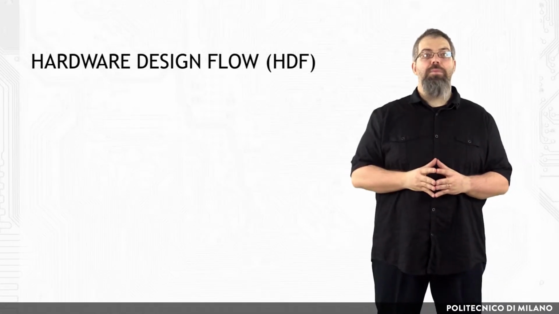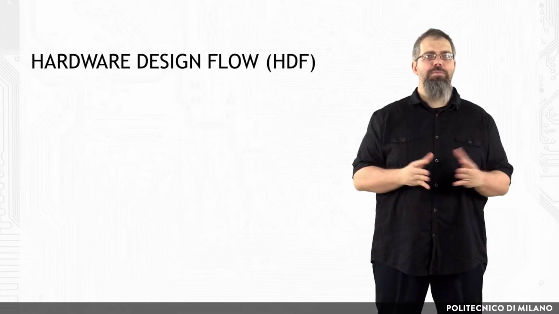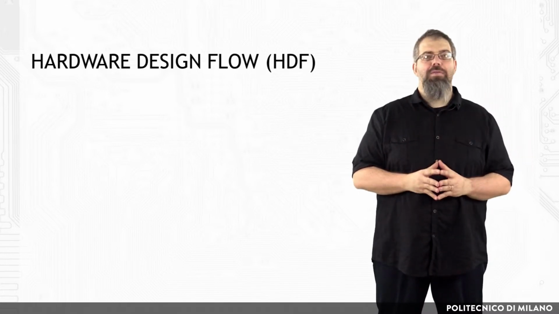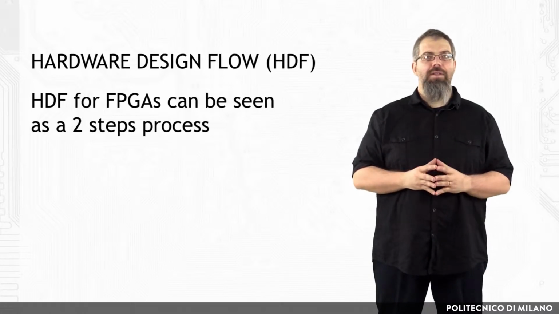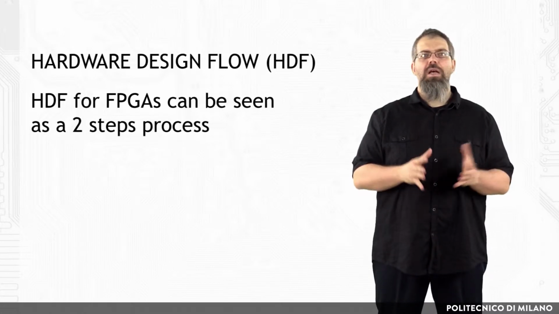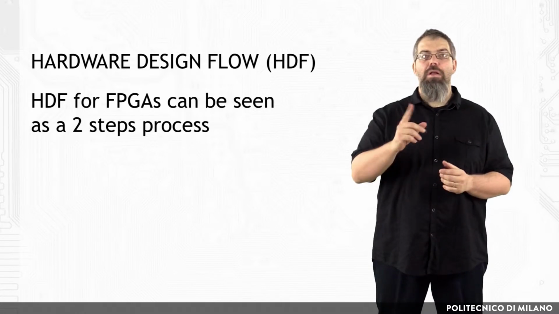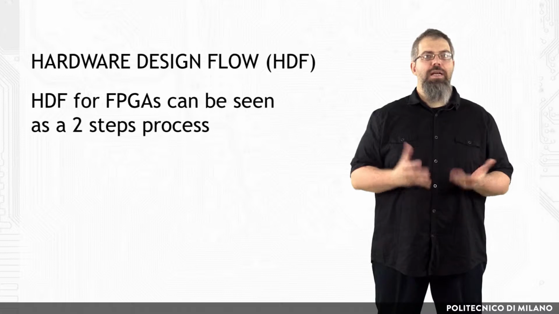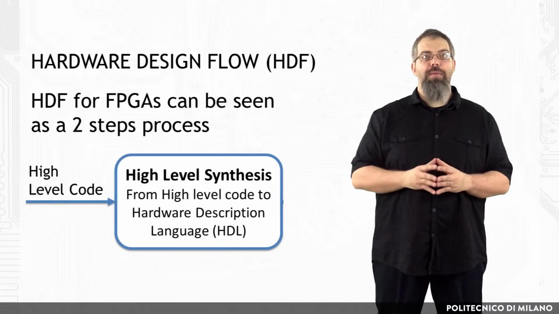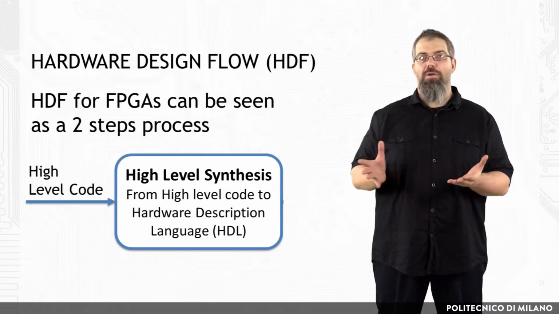If we consider the particular case of high-performance computing from a high-level perspective, it can be defined as a two-step process that starts with a high-level description of the FPGA code that can be, as an example, C or C++. Once this high-level representation has been provided, the first step is called high-level synthesis, or HLS.